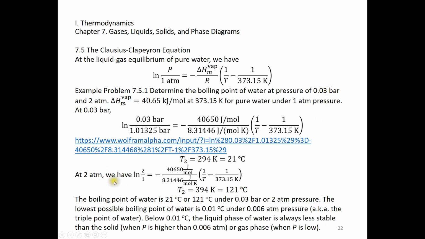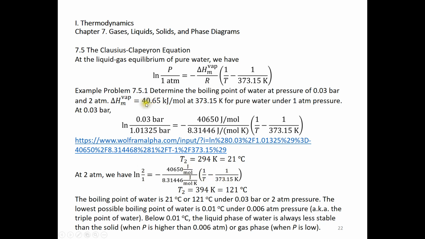Now let's look at the higher pressure. If the pressure is 2 atm, we expect to see a higher boiling point. Again, we plug in all the numbers. 2 atm over 1 atm over here. This is 1 over the boiling point under 2 atm pressure minus 1 over 100 degrees Celsius.